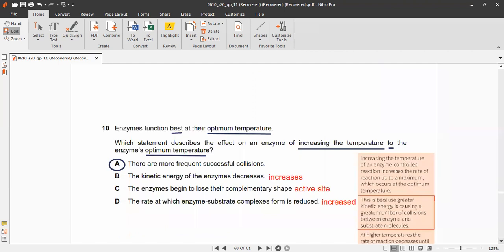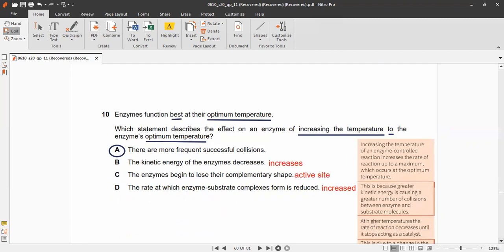Enzymes function best at their optimum temperature. Which statement describes the effect on an enzyme of increasing the temperature to the enzyme's optimum temperature? Increasing temperature of an enzyme controlled reaction increases the rate of reaction, up to a maximum which occurs at the optimum temperature.